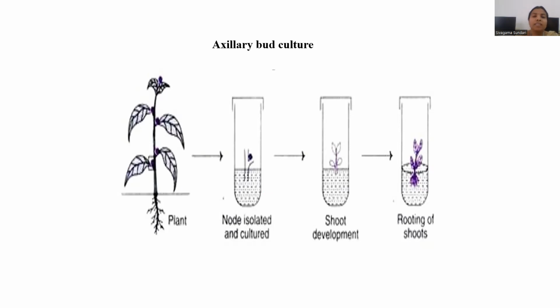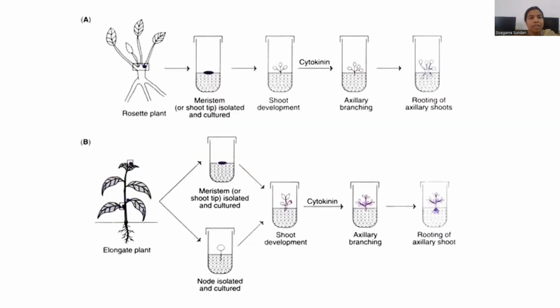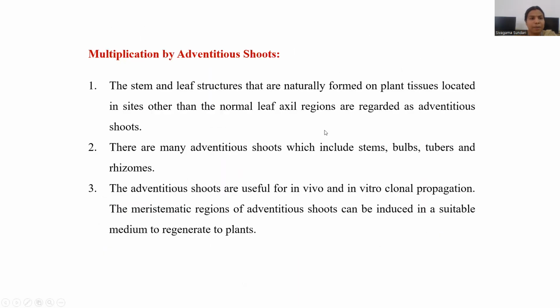So when you are using the bud as explant, you have to manually remove the meristem tip. This is another technique, using buds in the nodes in micropropagation. Buds can be used from the elongate plant as well as the rosette plant. So based on the habit, wherever a bud is there, you can aseptically excise it and initiate the bud culture in micropropagation.